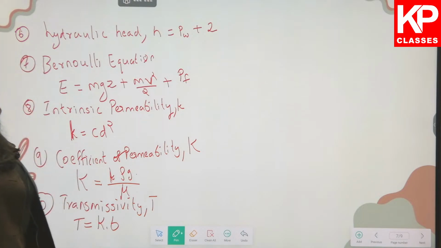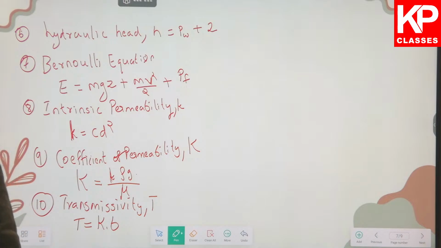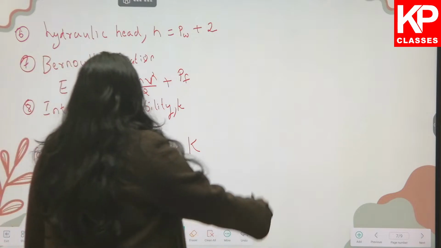Now the next equation is the equation related to groundwater flow. Groundwater flow equation for a steady state condition.